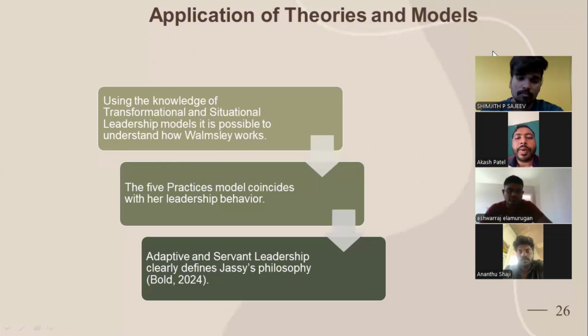The five practices model shows that she was committed to modeling behavior and providing vision. On the basis of adaptive leadership, the organization emphasizes Jassy's adaptability. On the other hand, according to servant leadership, the main point is the focus on the development of employees. Next slide, please.